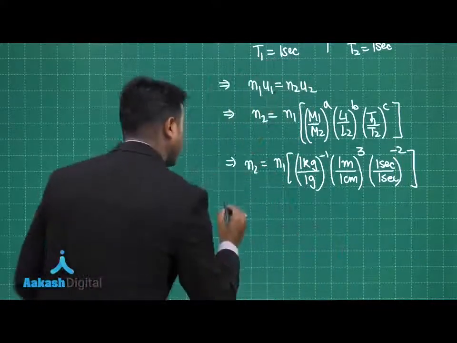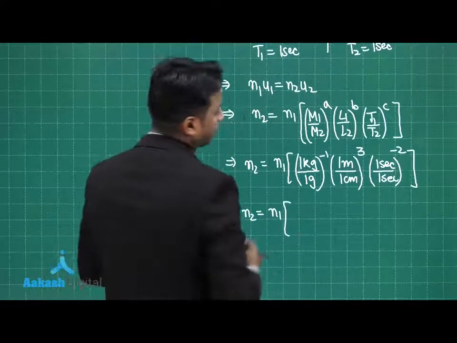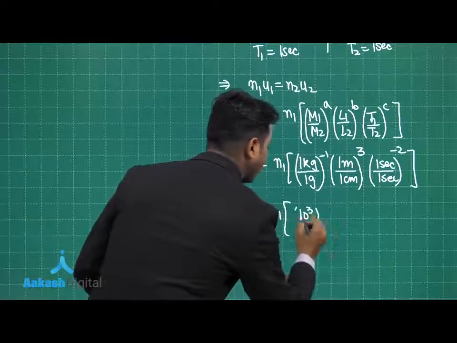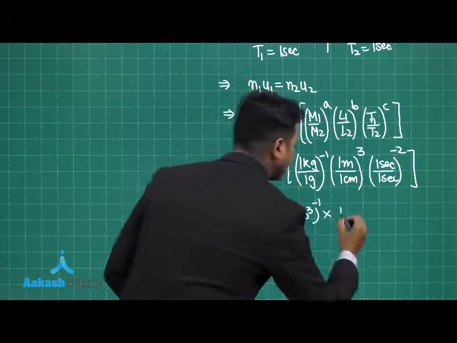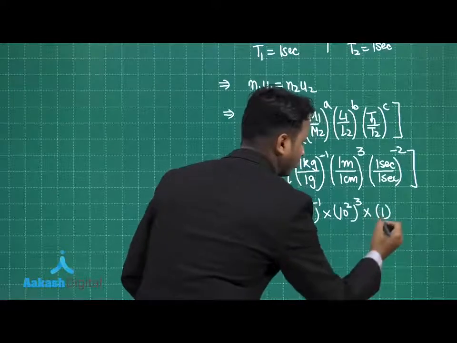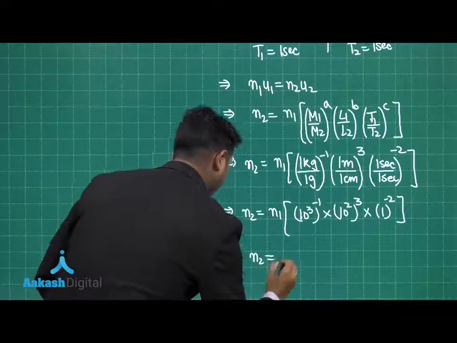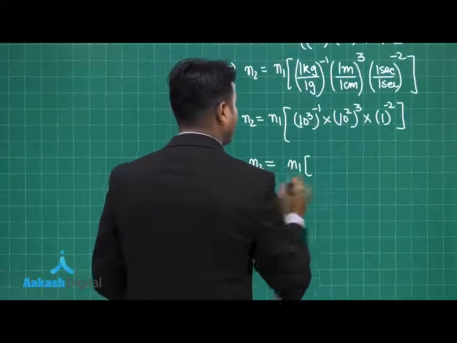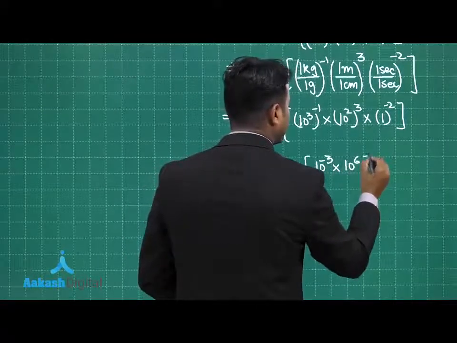Now if I solve it further, what I am going to get, N2 value is N1 times. Tell me, 1 kg divided by 1 gram will give me 10 to the power 3, whole to the power minus 1, multiplied with 1 meter divided by 1 centimeter, that is 10 to the power 2, whole to the power 3, and then it is multiplied with 1 to the power minus 2. If I solve it further, I am going to get N1 into 10 to the power minus 3 multiplied with 10 to the power 6.